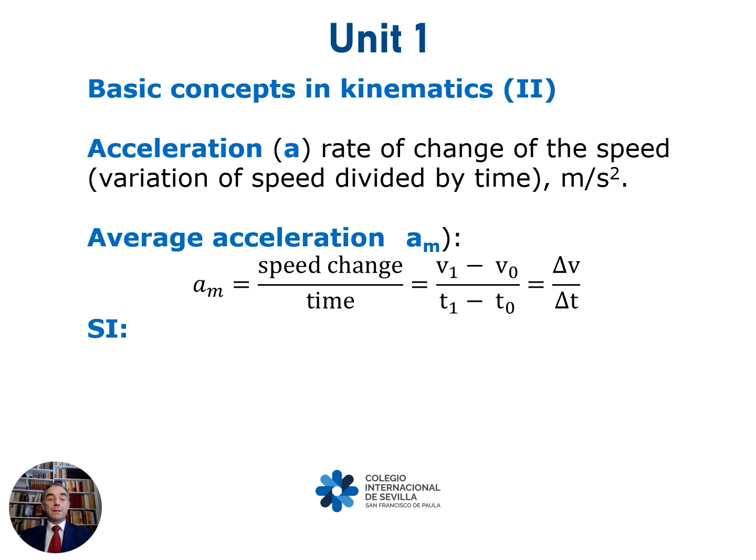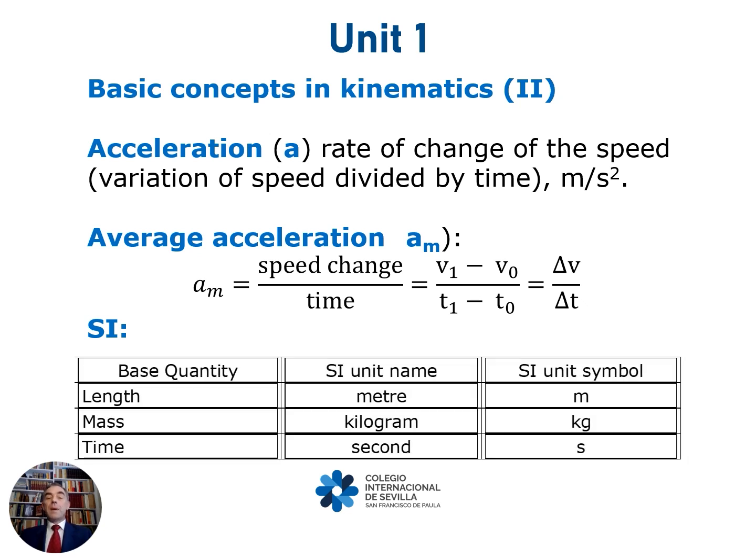In the Sistema Internacional, or international system, which was defined in the 18th century France, the basic quantities for kinematics are length and time, and we will also use mass because we are going into dynamics afterwards. The name of the base unit for length is the meter, and it is represented by a lowercase m.